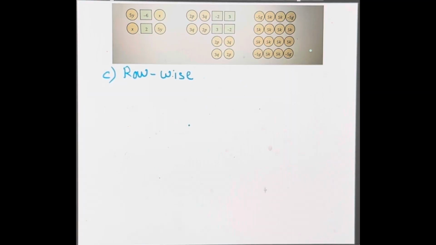Now let us solve the last picture. First we add row wise. Row wise, this is first row, second row, third row, fourth row. So we write down row wise. It is minus 5g plus 5k plus 5k minus 5g. This is the first row.